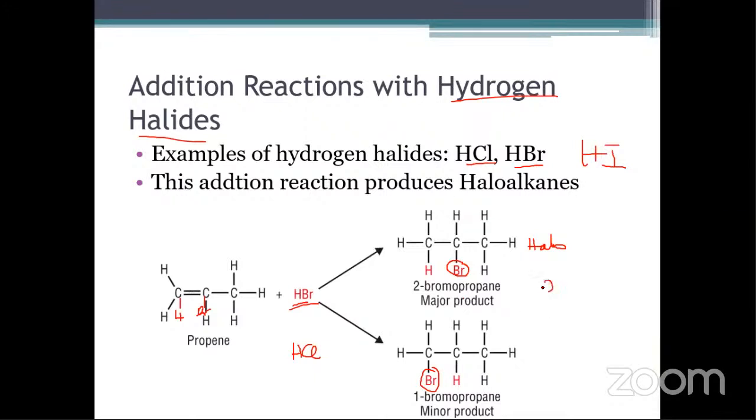You would get 2-chloropropane, right? And what would be the next product? 1-chloropropane, right? Because a Cl would be here instead.